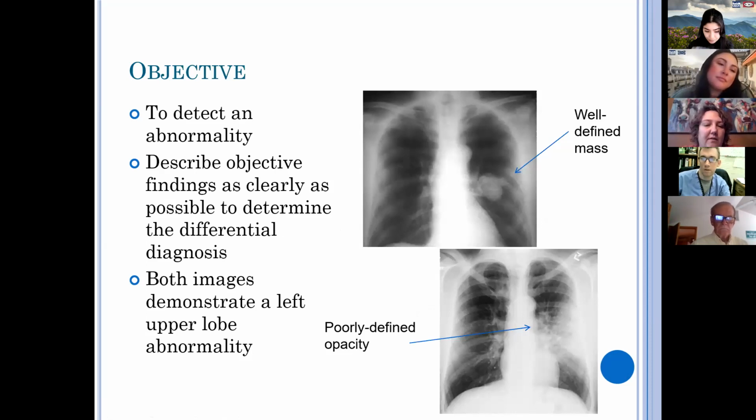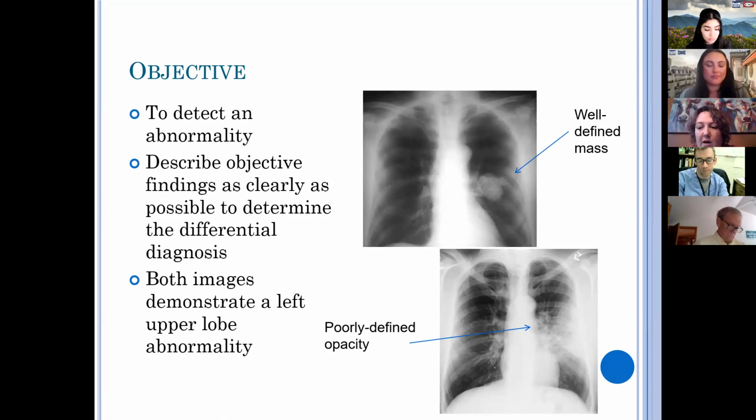So again, the objective of getting a chest X-ray is to be able to detect an abnormality, to describe these findings as clearly as possible so that you can help to differentiate what the diagnosis may be. In both of these X-rays, you can see a left upper lobe abnormality.